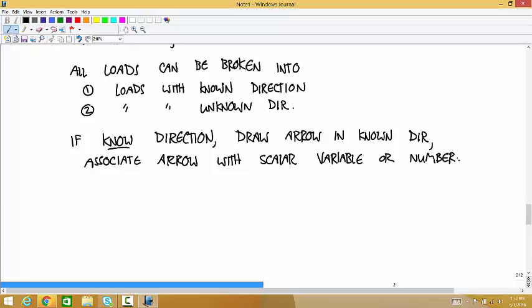The idea is that if you know the direction of a force or a moment, you don't need variables representing the direction. Those are already known. So you show the arrow showing that direction, and then the stuff that you have to figure out just has to do with how big that load is. So the scalar variable or number just represents the magnitude of the load.